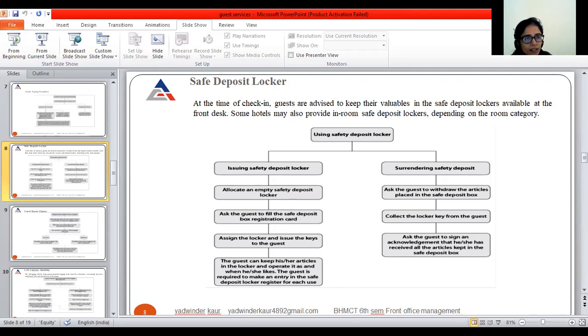When the guest arrives, valuables can be kept in the safe deposit lockers at the front desk, right? But some hotels these days are providing in-room safe deposit lockers, depending on the room category.